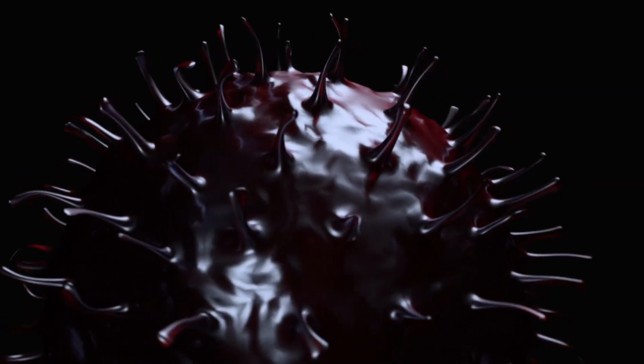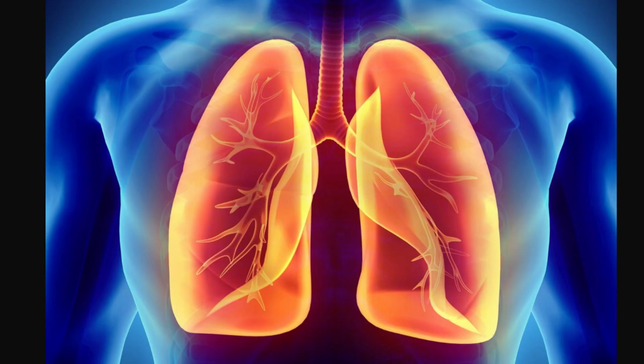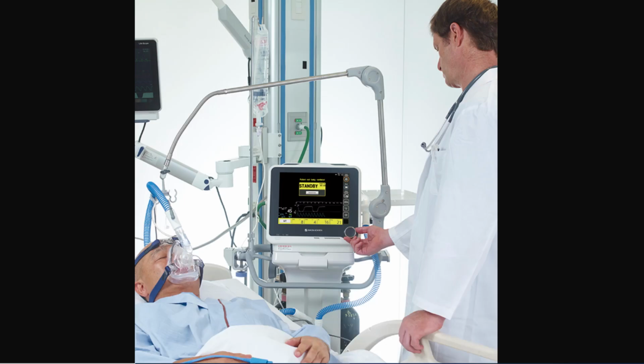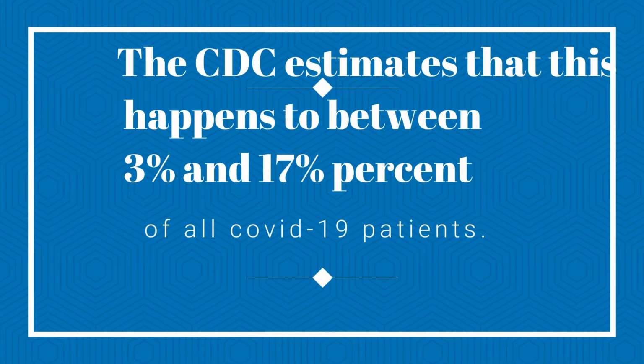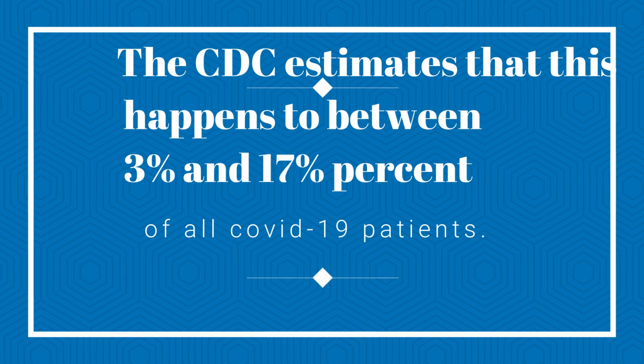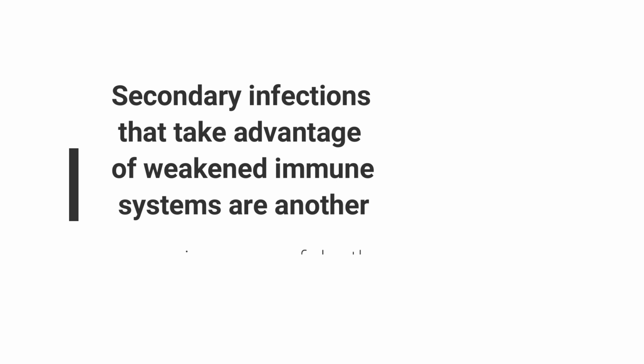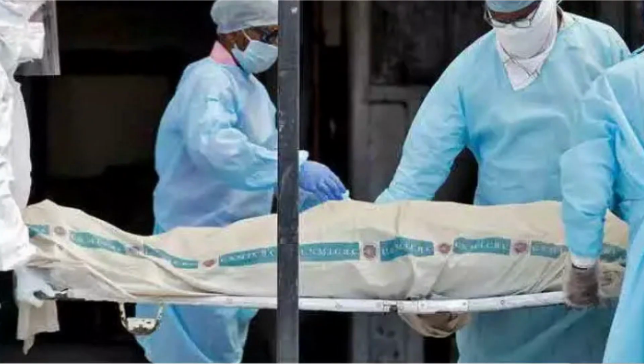If an infection sufficiently damages the lungs, they will be unable to deliver oxygen to the rest of the body, and a patient will require a ventilator. The CDC estimates that this happens to between 3 to 17% of all COVID-19 patients. Secondary infections that take advantage of the weakened immune system are another major cause of death.